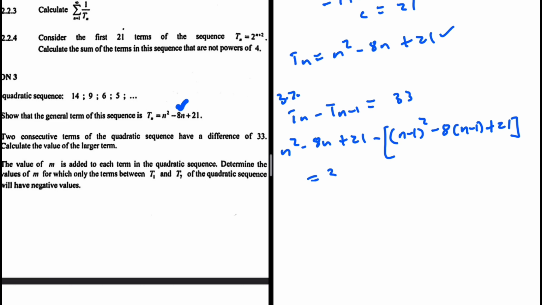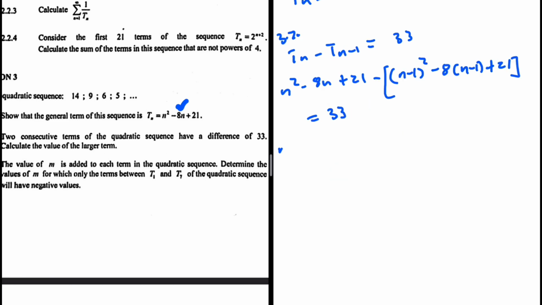This is equal to 33. N squared minus 8n plus 21 minus n squared minus 2n plus 1 minus 8n plus 8 plus 21.